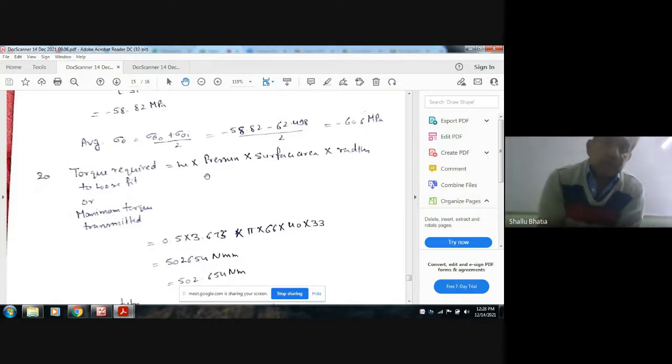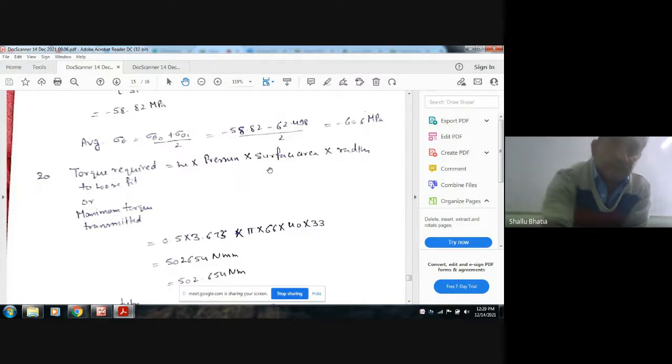So we have to overcome this friction. So mu into pressure is the normal friction force. Pressure into area is the force between the shaft and hub.